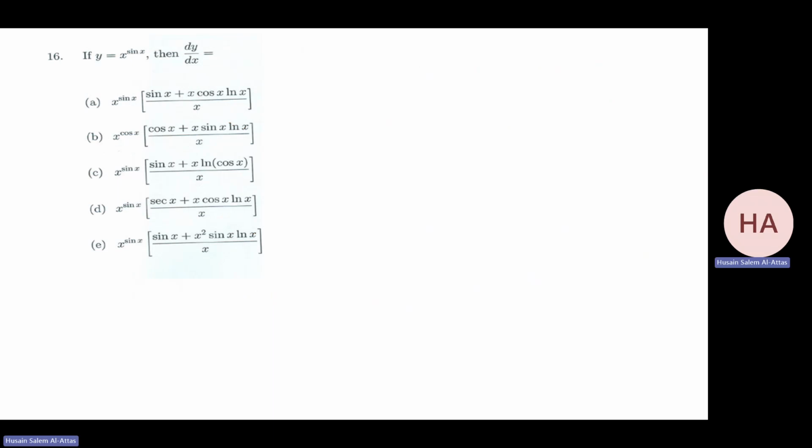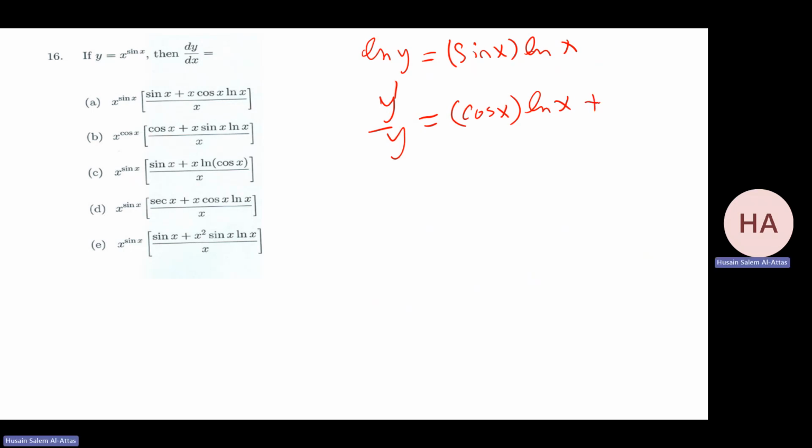Y equals x to the power sine x. What will be the derivative? Ln y, we did something similar before. Sine x, easy one, ln x. Y prime over y will be cosine x times ln x plus sine x over x.